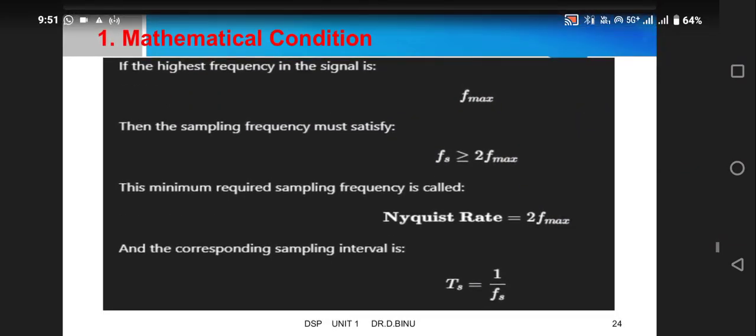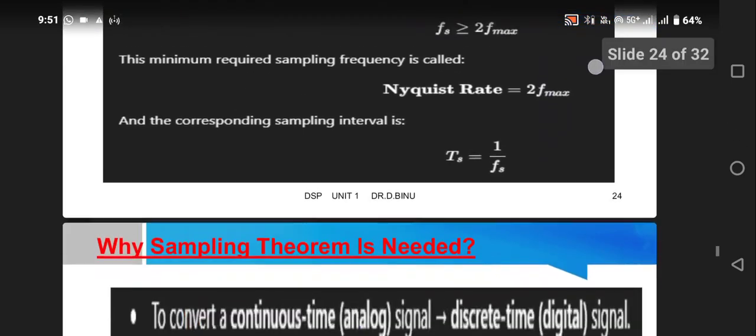What are the mathematical conditions for sampling? If the highest frequency of the signal is F max, the sampling frequency must satisfy Fs greater than or equal to 2F max. The minimum required sampling frequency is called the Nyquist rate, which is 2F max. The corresponding sampling interval is Ts is equal to 1 by Fs.